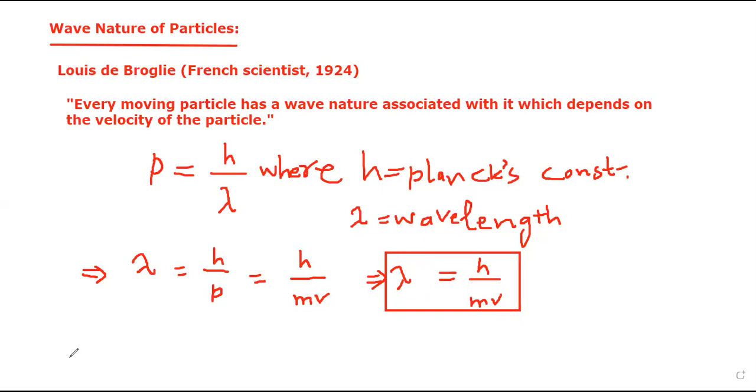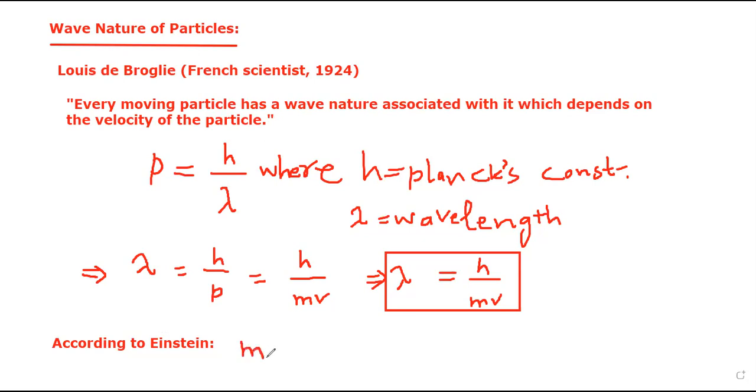Okay, now we have another relation which was proposed by Einstein. According to Einstein, he proposed a relation for the mass change in the theory of relativity.